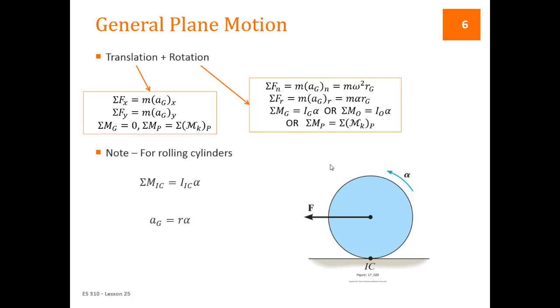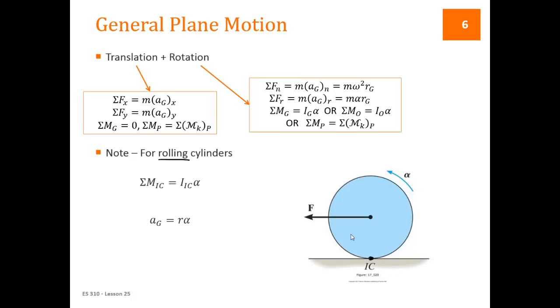For a rolling cylinder, this is a special case, which we need to remember that there is an instantaneous center of zero velocity at the point where that cylinder contacts the ground. Because we're not slipping, we're rolling, right? And so that point is not slipping relative to the ground, so it's moving with the ground. And the ground is not moving, and so that point has a velocity of zero.